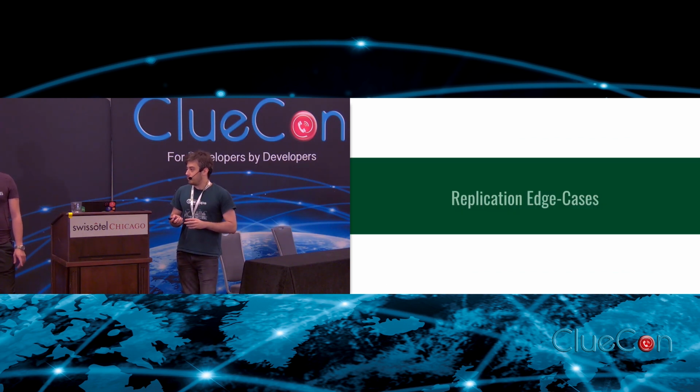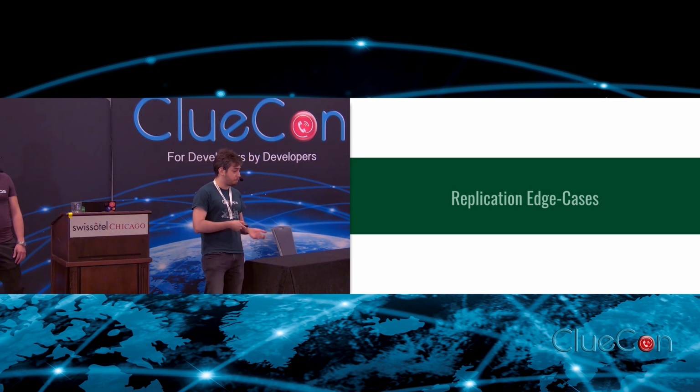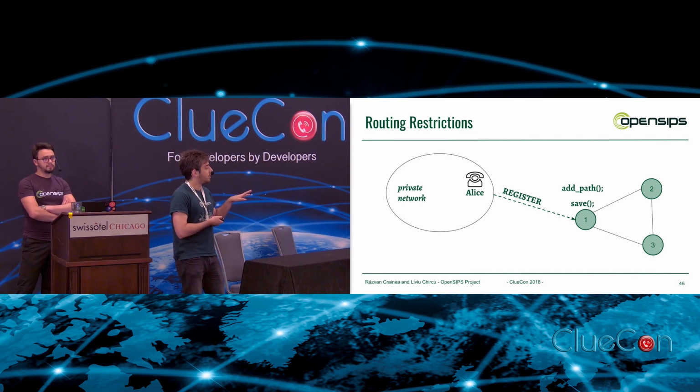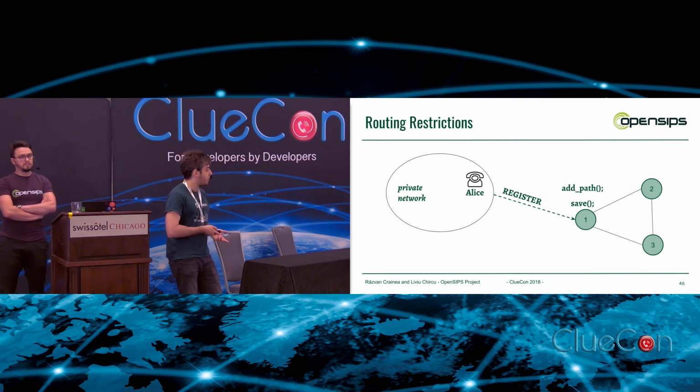And let's look at some possible edge cases, some other questions that might arise. For example, I have this requirement: here I plug my clients right into the cluster, I don't have an SBC, and obviously I'm going to have to add a path to that contact. So the question is, does that path also get replicated when I spread it across the cluster?